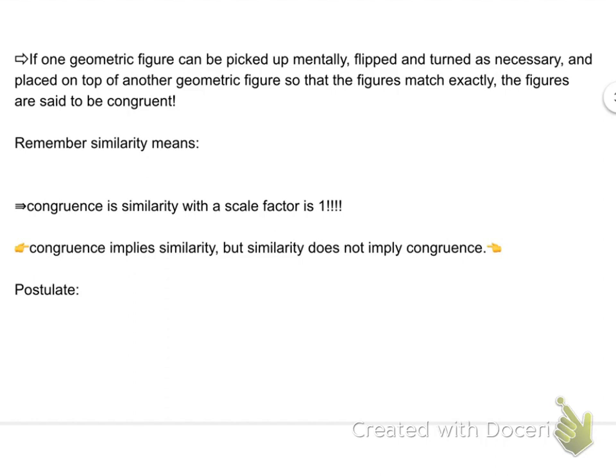So, we're going to talk about soon, not today, but tomorrow, proving two things to be congruent. And so we're going to have to write proofs, because if I say I can jump over cars, I would hope most people wouldn't just assume it to be true without me showing them. So we're going to have to prove things.